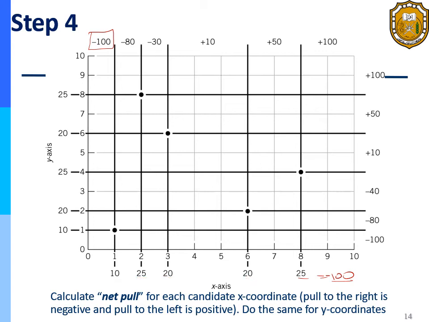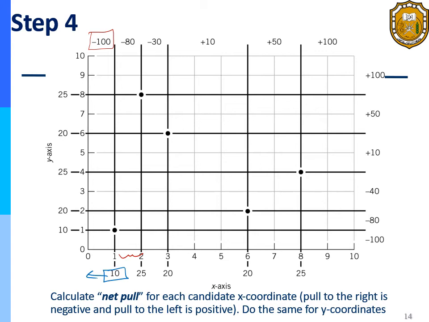Okay, the next one will be more instructive. Let's look at the next one. Consider this column over here. What are the weights to the left of this column? Okay, this is the weight to the left, which is pulling this column towards left.